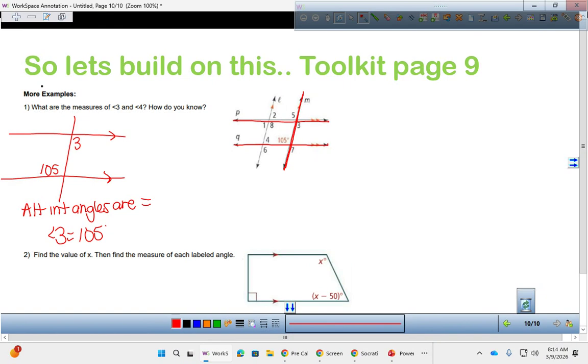So this is me picking apart this picture and taking only what I need to know. I'm going to do the same thing, but I'm going to do it for angle 4. So again, what made the angle I'm given? So I want to focus in only on what I know for sure, and I know that 105. So that 105 is on the left-hand side of this line and above, so it's here.